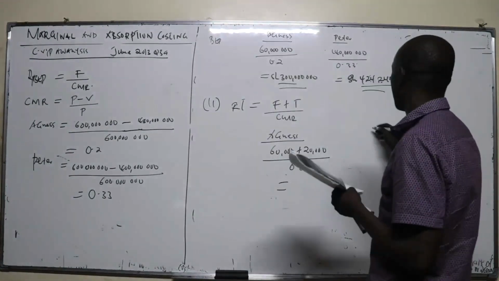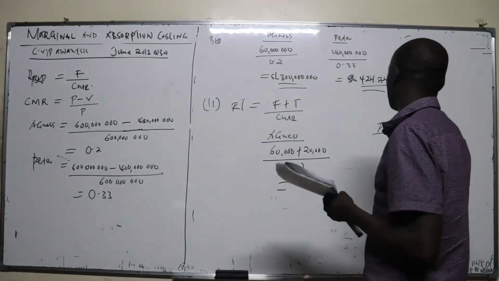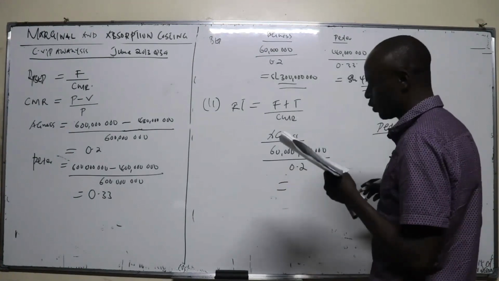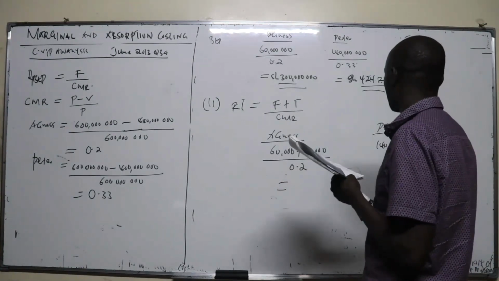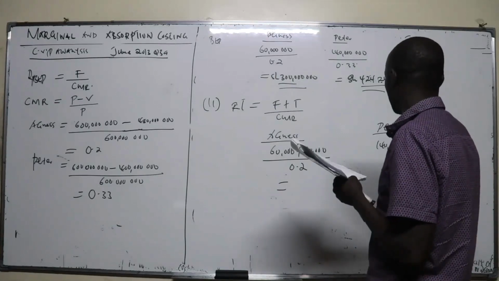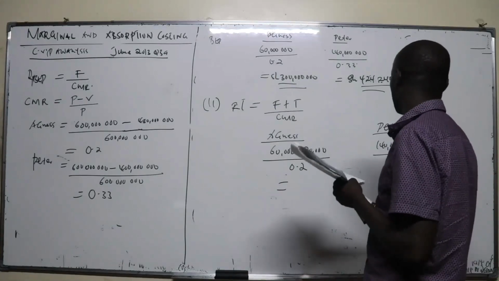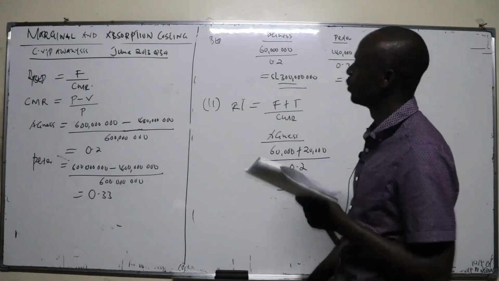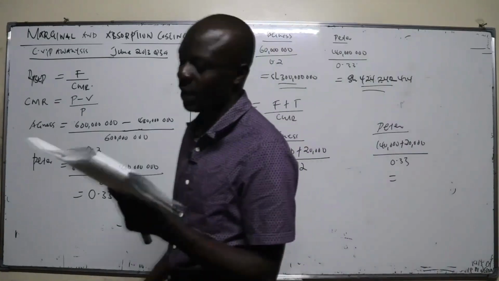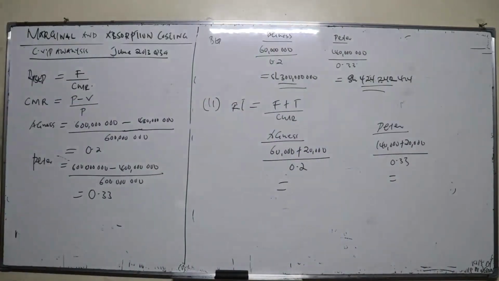And for Peter, the fixed cost is 140,000 plus the target of 20,000 over 0.33. So that one will earn you 8 marks. Very, very easy marks.